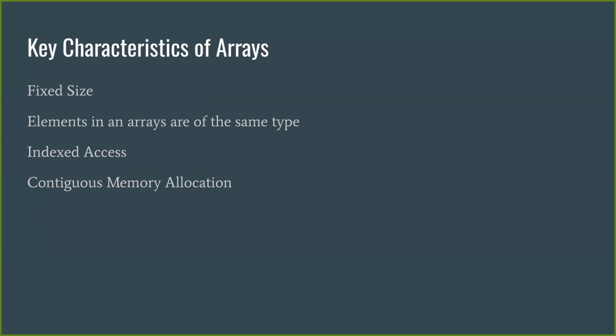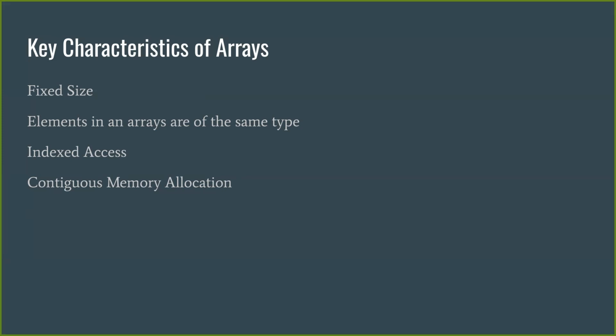Homogeneous elements are elements in an array that are of the same type. So you can only store the same type. Say your array is an integer array, then it will only store integers. If your array is a character array, then it will only store characters.